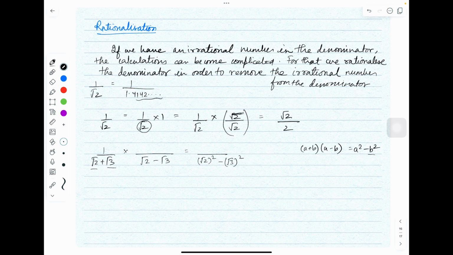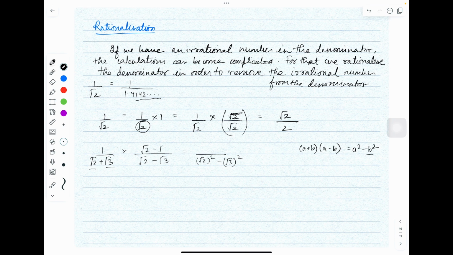Understood? And since you have written this at the bottom, you have to write it at the numerator also, because you have to keep the value the same as 1. So at the numerator you are going to write this same thing, and at the denominator also the same thing. A plus b into a minus b equals a square minus b square.